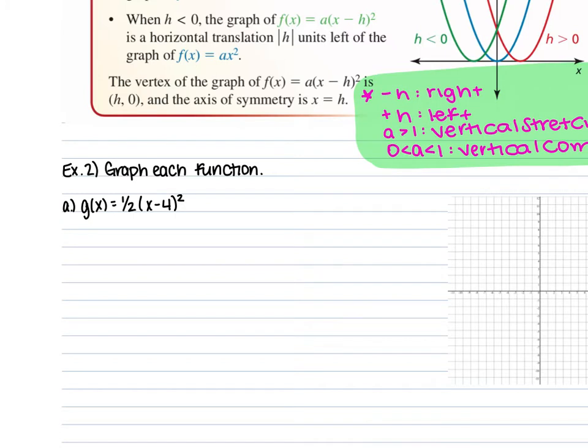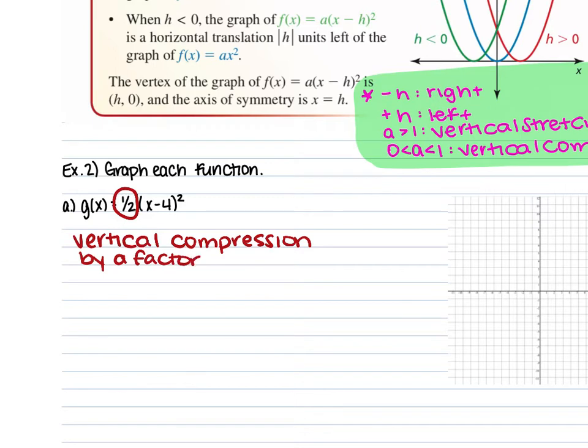It gives us g of x is equal to 1/2 times x minus 4 squared. This 1/2 that you see here is a number between 0 and 1. So that gives us a vertical compression by a factor of 1/2. So we write vertical compression by a factor of 1/2.